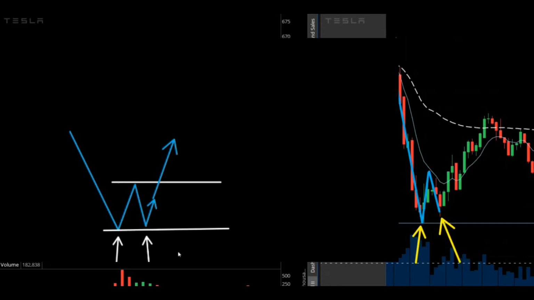Let me switch colors. If we break lower, it's a continuation. And if we go higher, we now form a double bottom right here: first bottom on the yellow, second bottom right here. As soon as we start curling up, I was watching this trade.